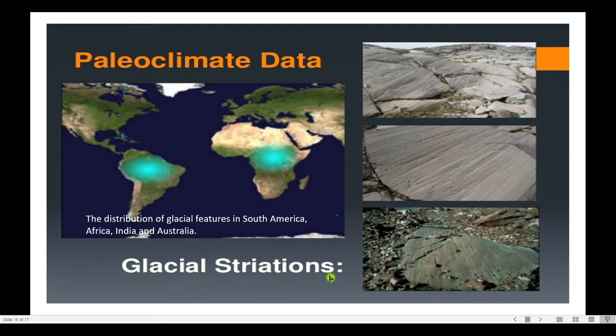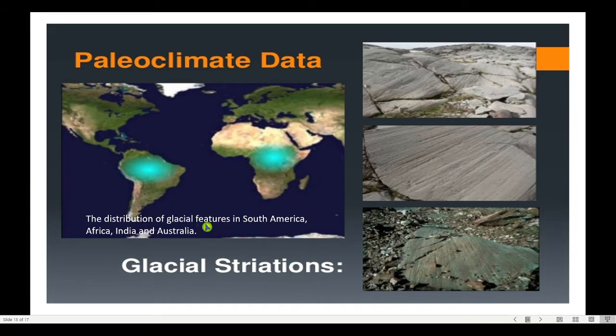Glacial striations are scratches formed on the rock surface due to the movement of glaciers. Glaciers are huge masses of ice that slowly move on the rock surface. Since they are moving and touching the surface of the rocks, they create scratches, and these scratches are preserved, known as the glacial striations.